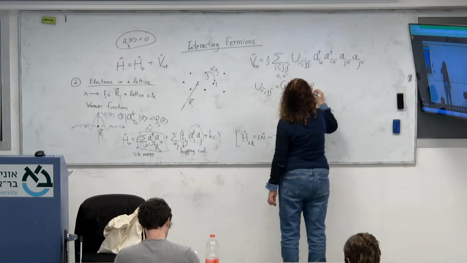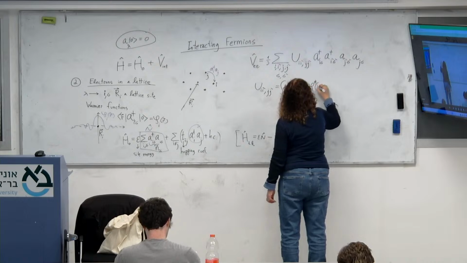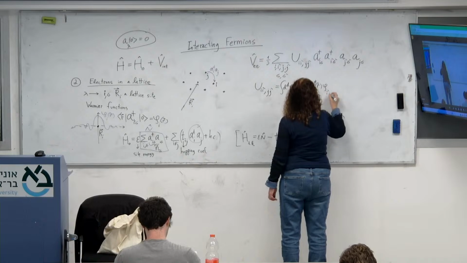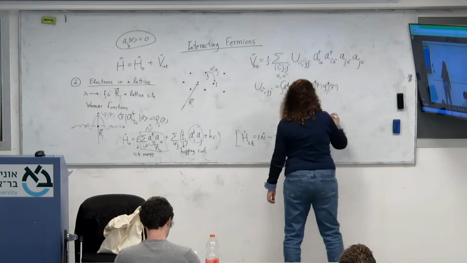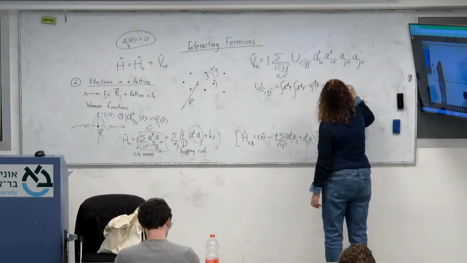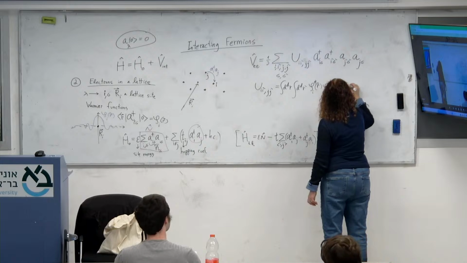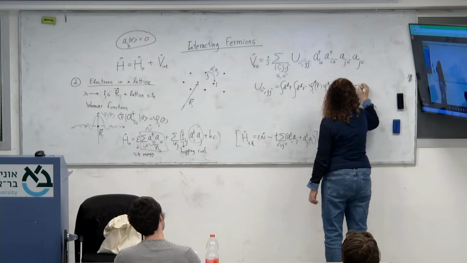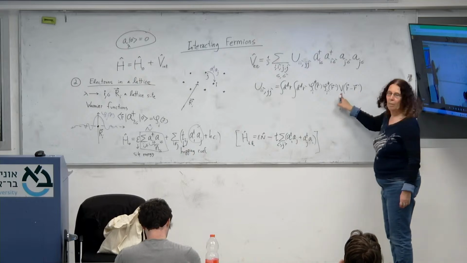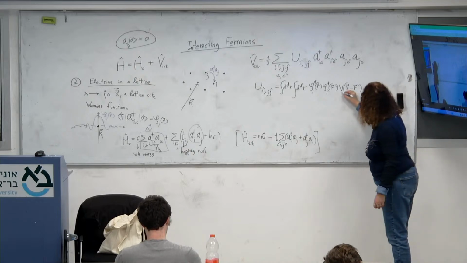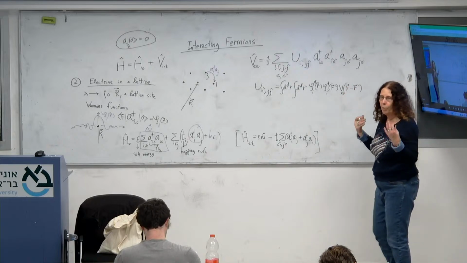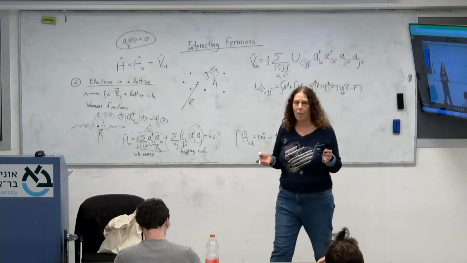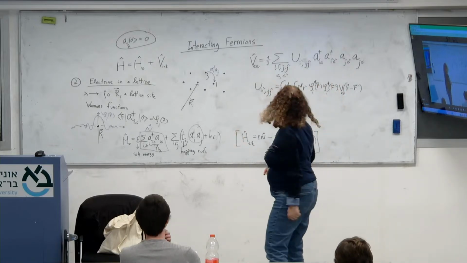I have phi I star of R, phi I prime of R prime star, and here I have V of R minus R prime, so I'm assuming interaction that this is the electron-electron interaction that depends only on the distance, and we have in mind the Coulomb interaction, but it doesn't matter.